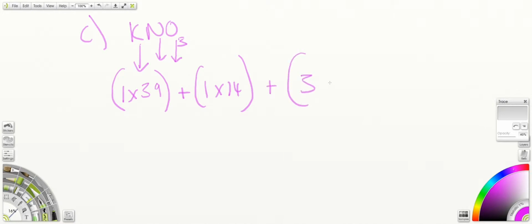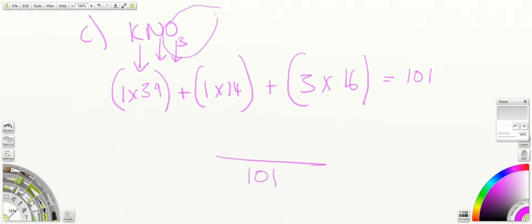So I'm going to say 3 times 16. Where did the 16 come from? Periodic table. Top number for oxygen. So when I add all of these up, I get 101. So that's my total. So my total is going to go on the bottom. What am I interested in? I'm interested in the oxygen. How many oxygens do I have? It's 3 lots of oxygen.